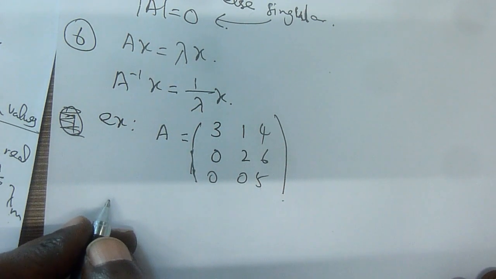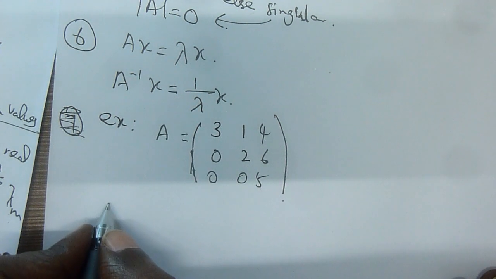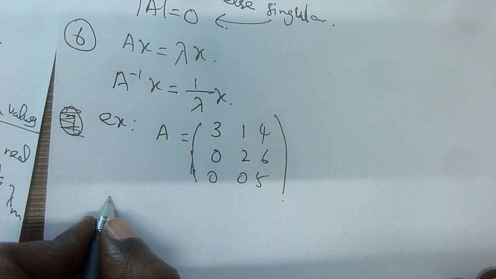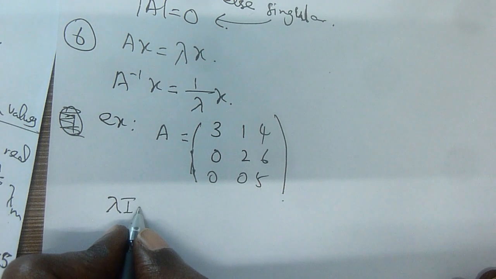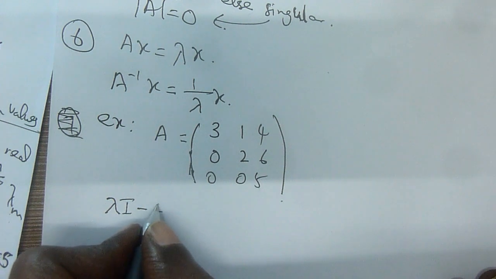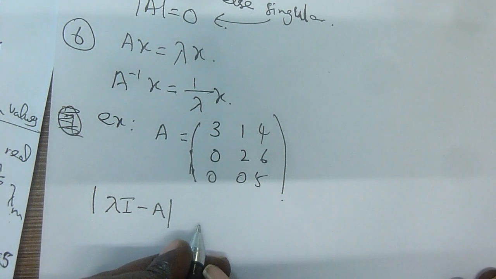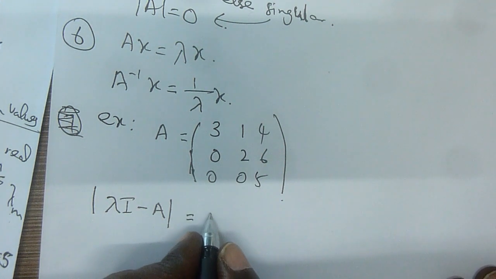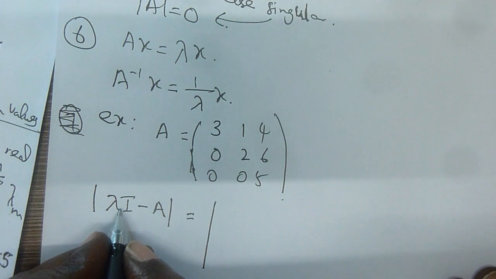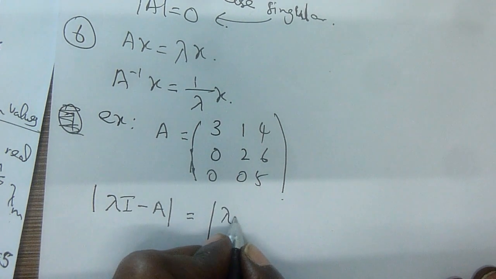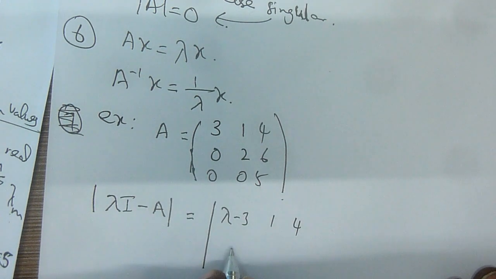Take this one, and the model that you need to work on is this. See, I create that. Once I create it this way, lambda minus 3, 1, 4, no changes in the rest.